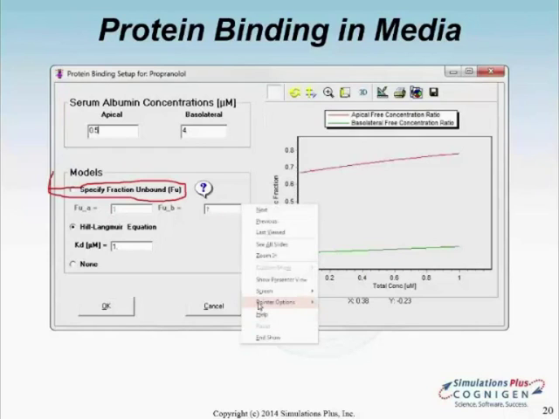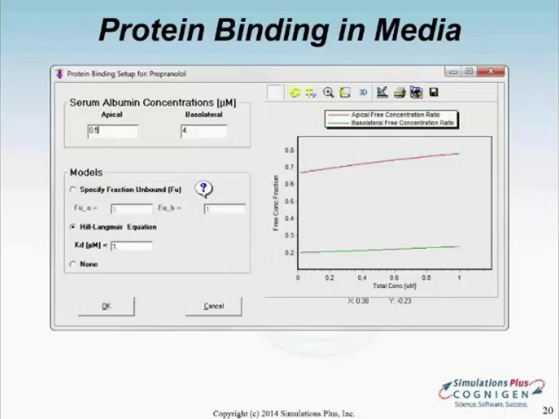If you are working with a compound with very tight binding to the albumin, or maybe trying to account for the concentration dependency, looking at different doses, different starting concentrations, you may use the saturable model, in which case you need to specify the amount of albumin that was added to the medial, apical, or basolateral side, or both, and specify the binding constant of your compound to the albumin, for the program to be able to account for the free concentration as the albumin binding sites are getting saturated.